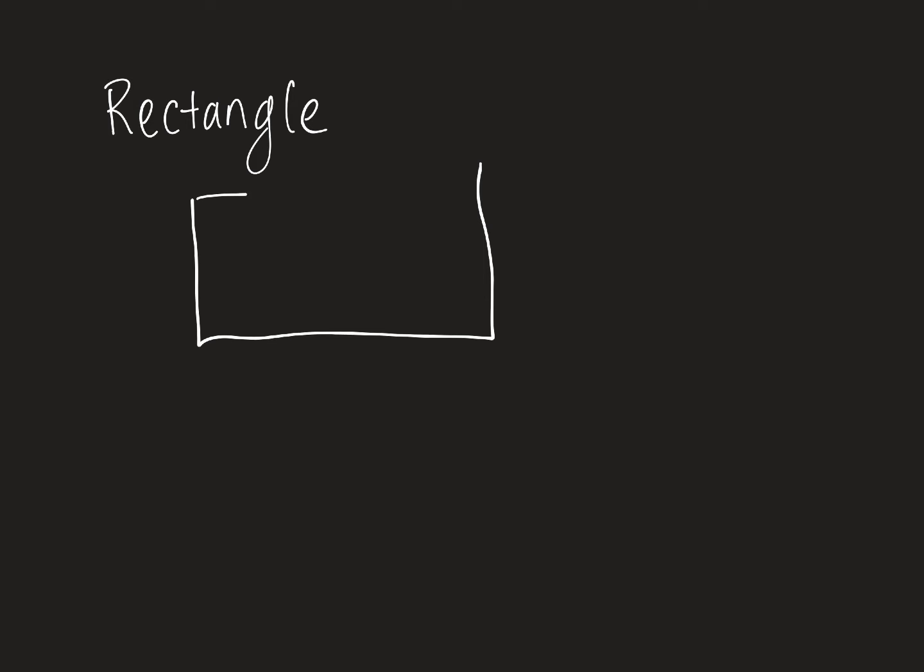All right, and next we have area of a poorly drawn rectangle. Let's see if I can fix that. That's better. So the formula for the area of a rectangle is either length times width or base times height.